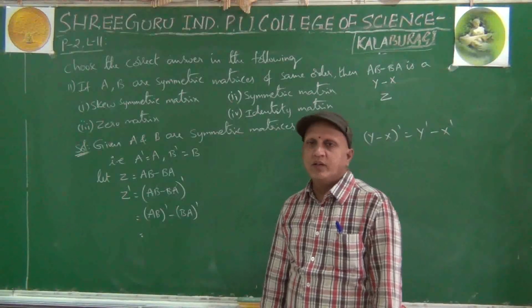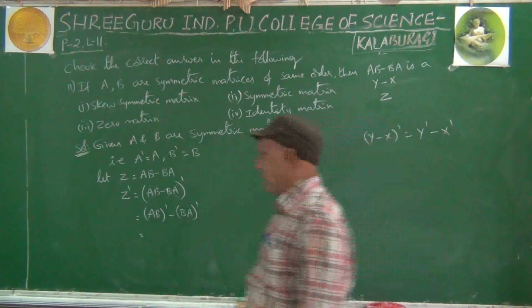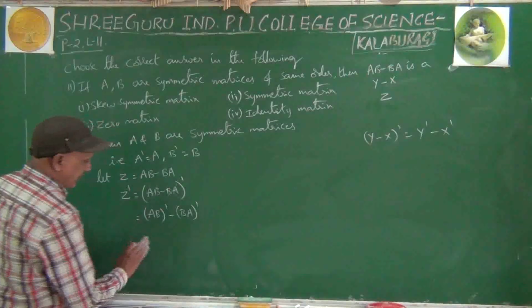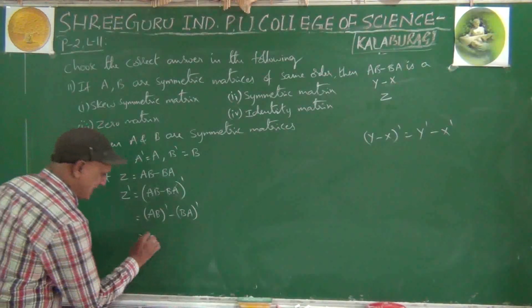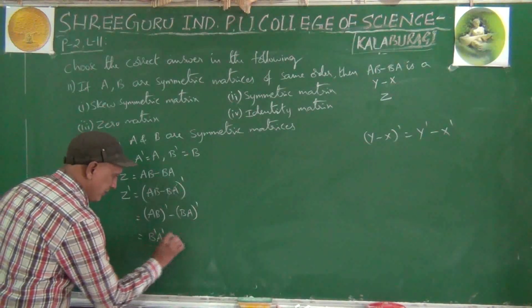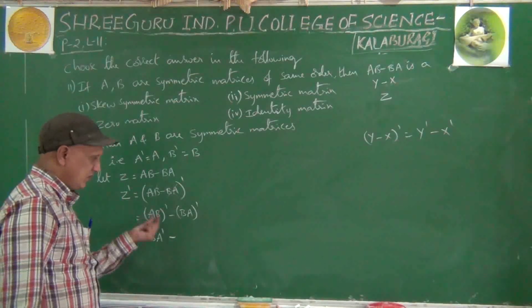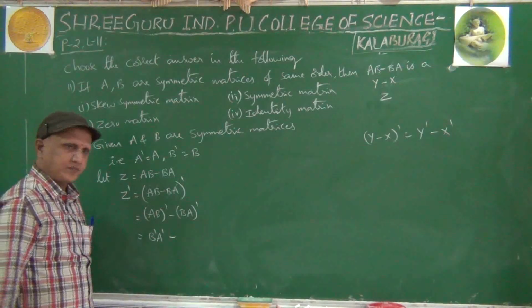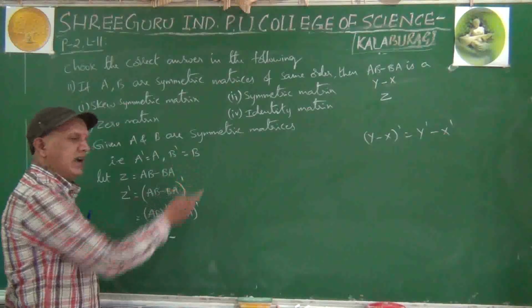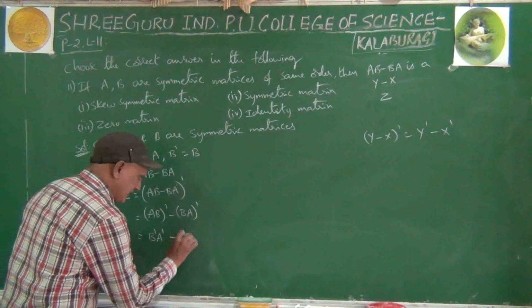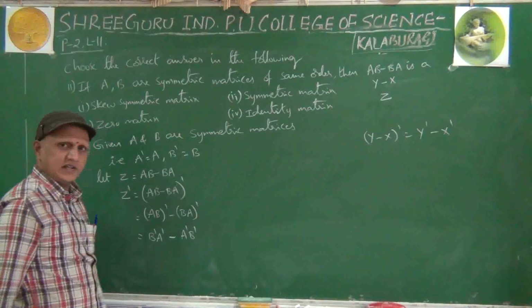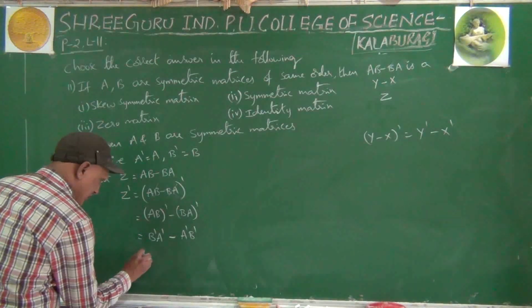Property, transpose of a matrix property, AB whole dash formula. What is the property? AB whole dash is B dash A dash. We have to reverse this and put dash. Same like the BA whole dash is A dash B dash.